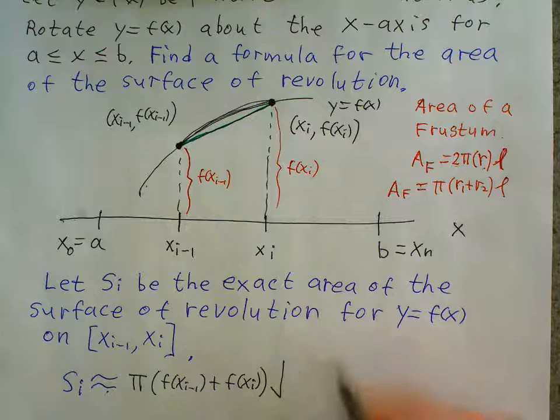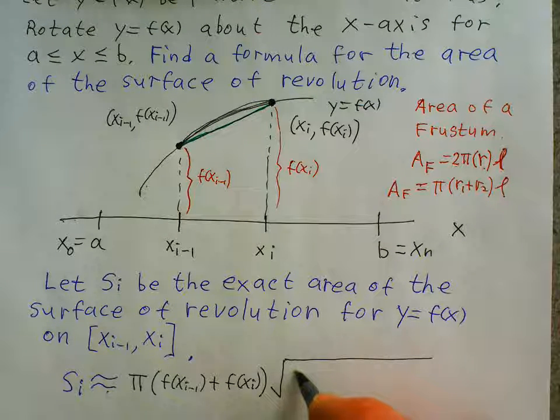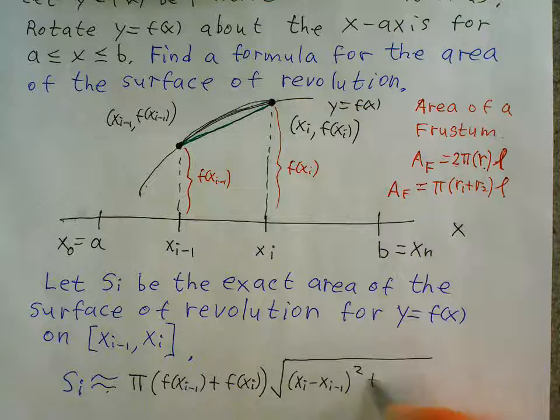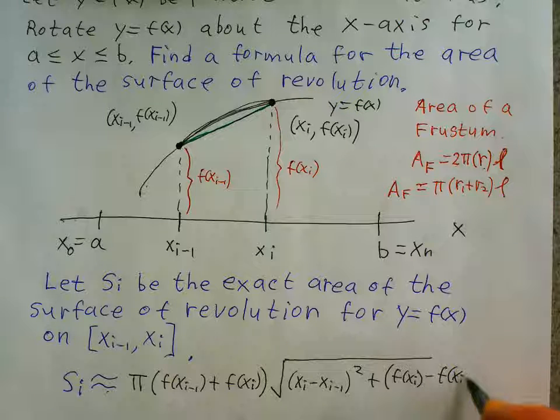That's the square root of the quantity x sub i minus x sub i minus 1 squared plus f of x sub i minus f of x sub i minus 1 squared.